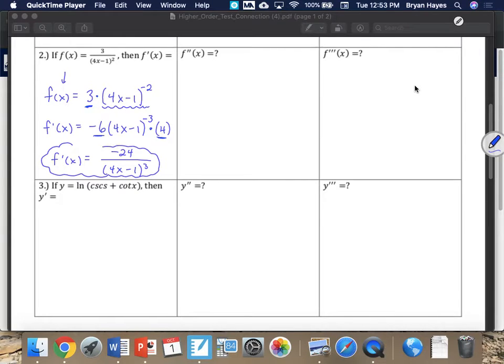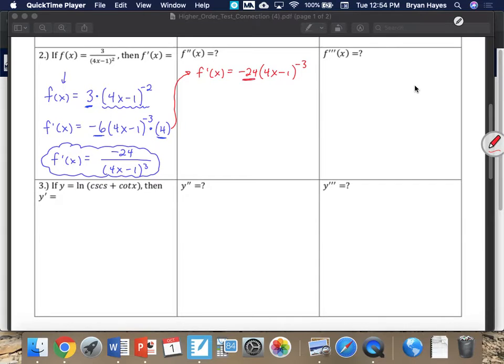And let's say that we wanted to find the derivative of that. So once again, if I leave it the way I've got it, I'm going to have to do another quotient rule. Let's pick up right here with this line of work and say that our first derivative is equal to negative 24 times 4x minus 1 to the negative 3. And I can actually use the power chain rule here.